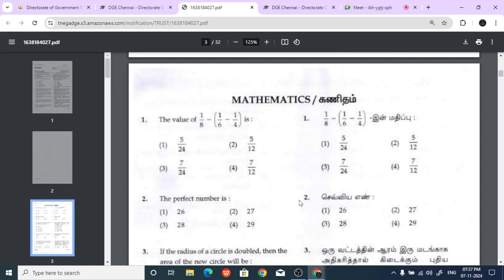So inside the bracket is minus 1 by 12, and outside you have got a minus. So what will happen? 1 by 8 plus 1 by 12. How much are you getting? What is the answer you are getting?